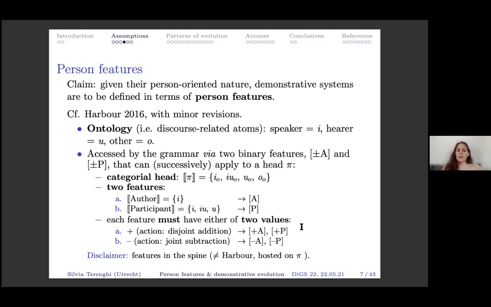This is because the values correspond to actions, so really set-theoretic operations that these features can perform on pi. So the idea is that by performing a specific action on pi, the features derive different subsets of pi. So features can act on pi either directly or successively, and variations in composition result in different partitions.